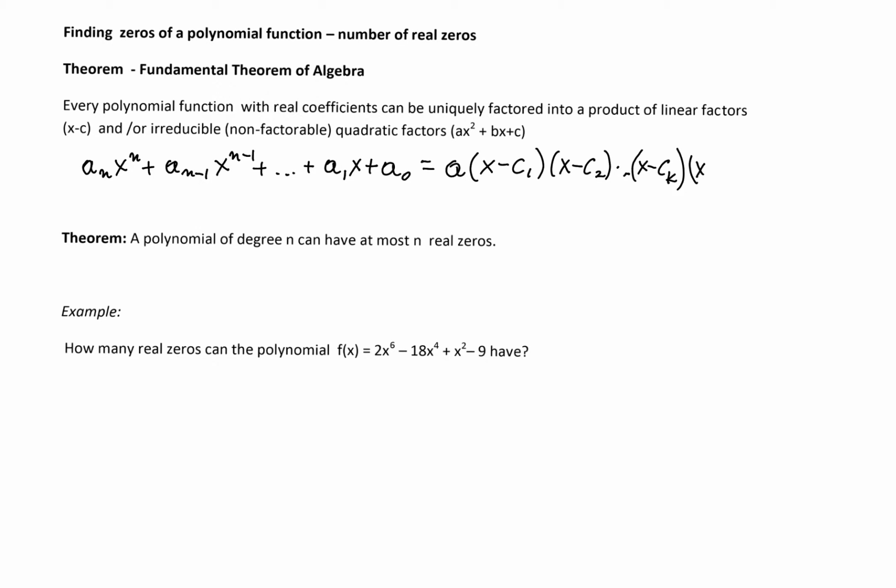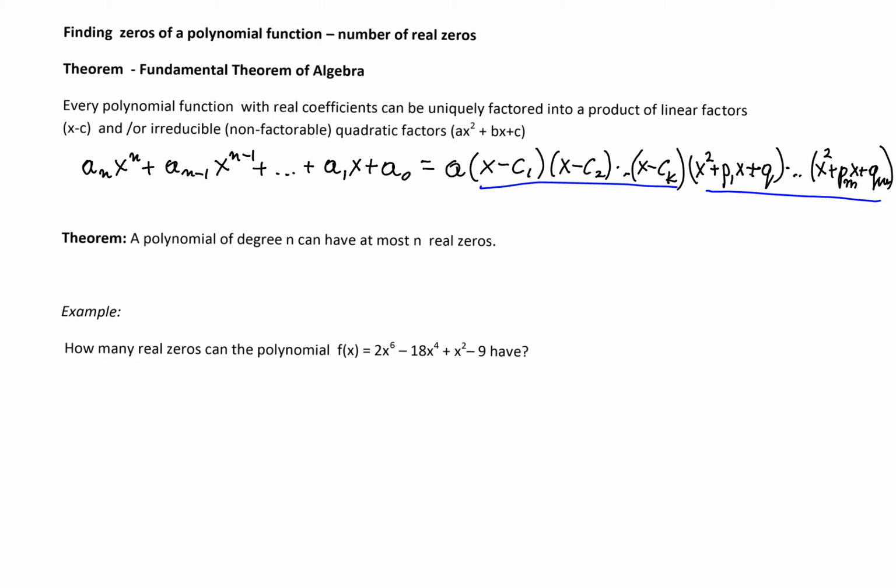So we can have x squared plus p1x plus q1 times and so on, x squared plus pmx plus qm. So in that factorization, there are going to be some linear factors and there are going to be some quadratic factors that cannot be factored.